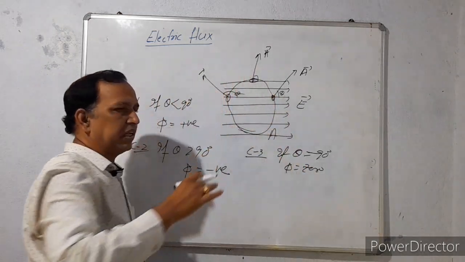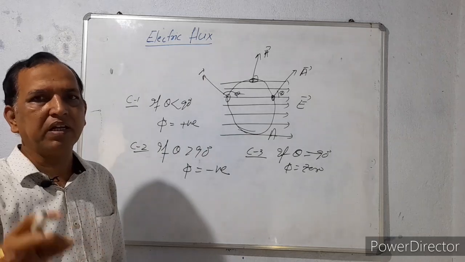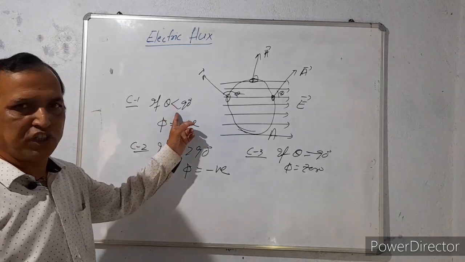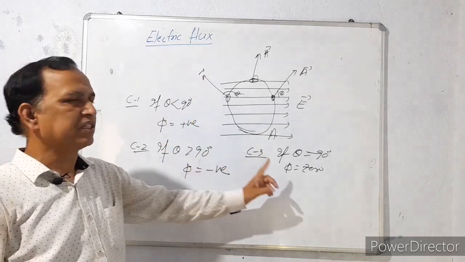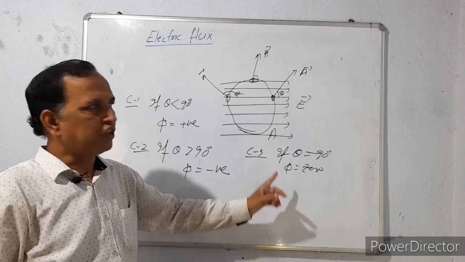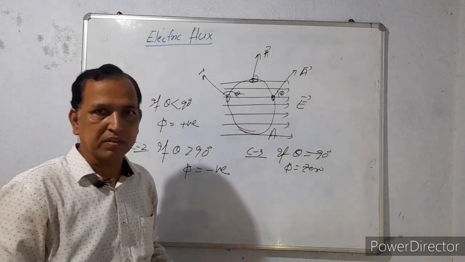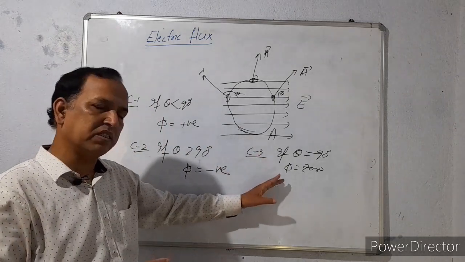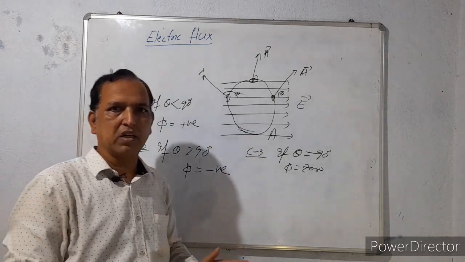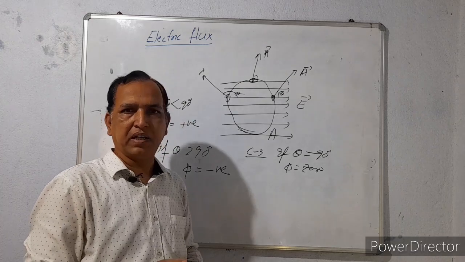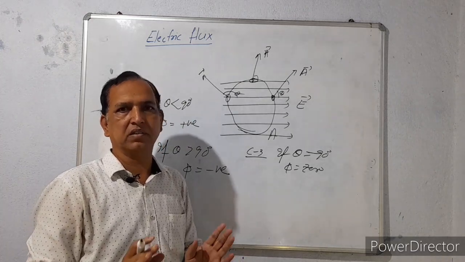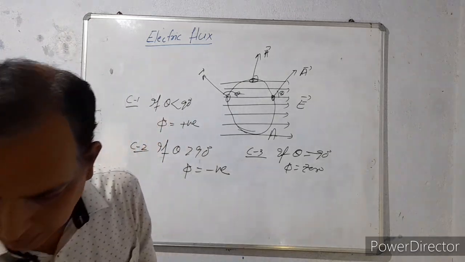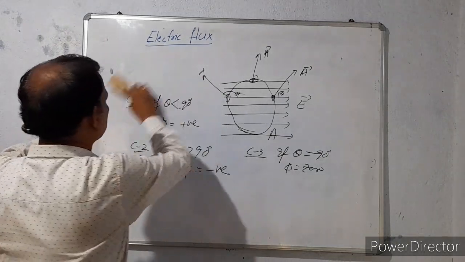That is called zero electric flux. That is positive flux, negative flux, zero flux. For a closed surface, it is the same definition, the dot product of the electric field vector and the area vector. Clear?